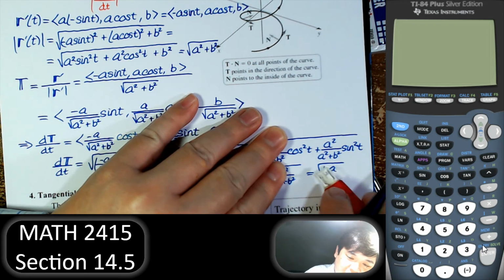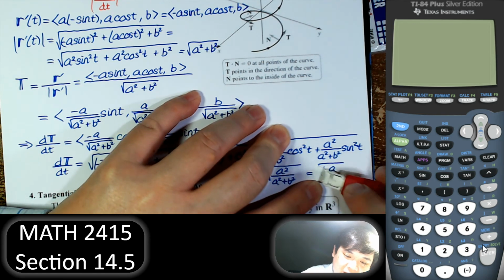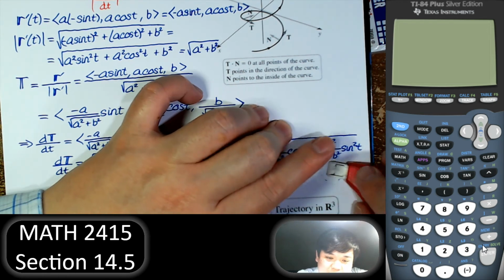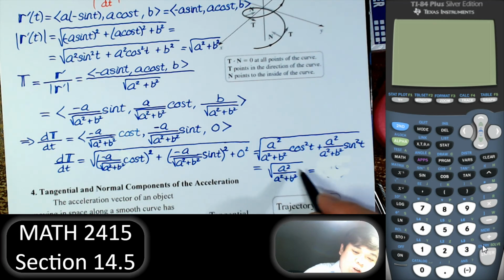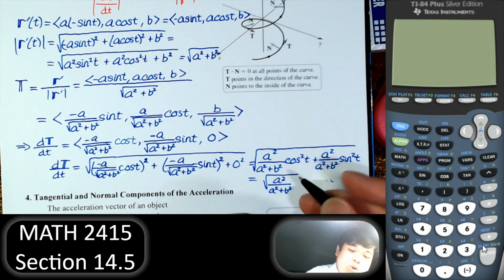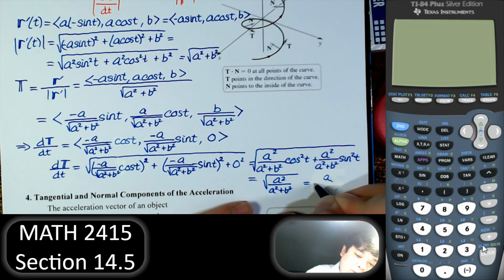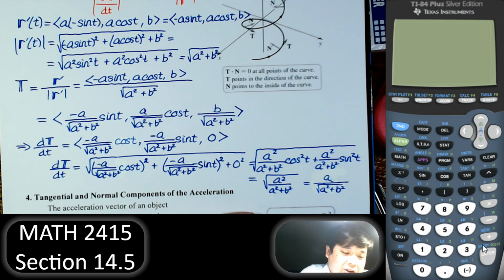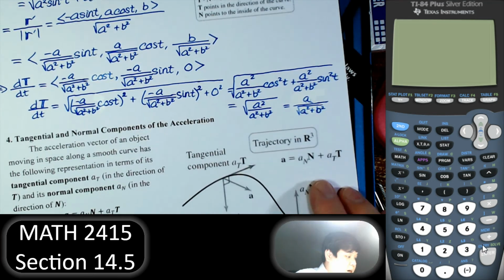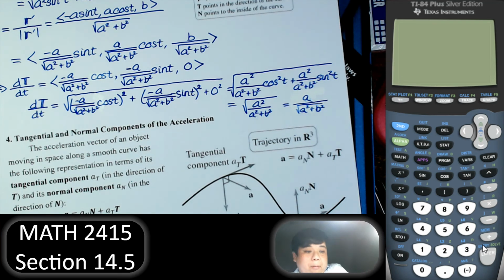Since space is at a premium, square root on the top, square root of a squared. Since a is positive, the square root of a squared is the absolute value of a, which is a. And then we have the square root of a squared plus b squared. And then we divide. I should get more space for this problem.